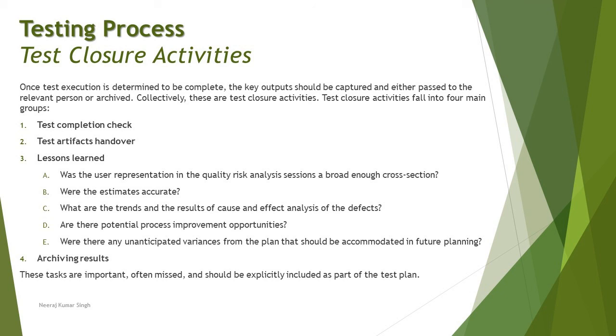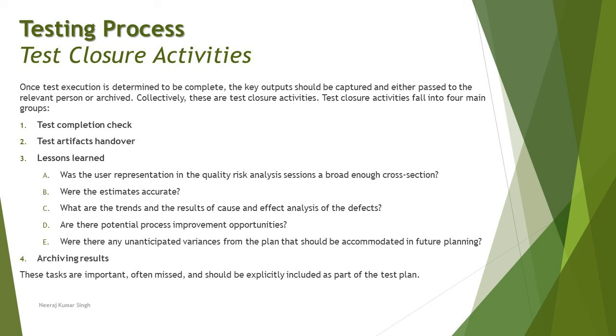So it's very important for a test manager especially to gather all these collections and make sure that we take necessary actions right from the upcoming sprint. So, yes, these tasks are very important, often missed, and should be explicitly included as part of the test plan.